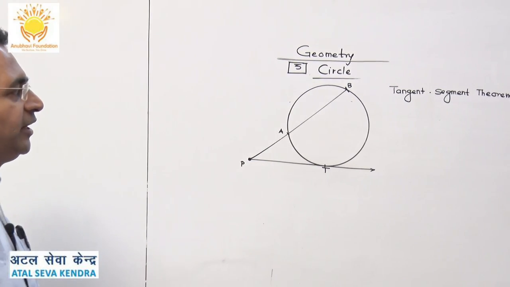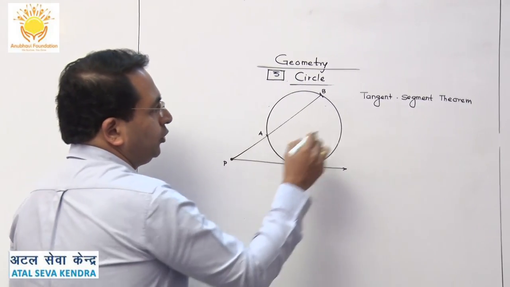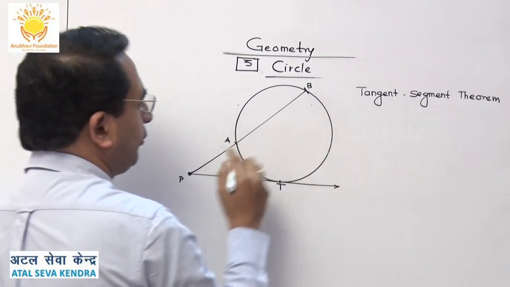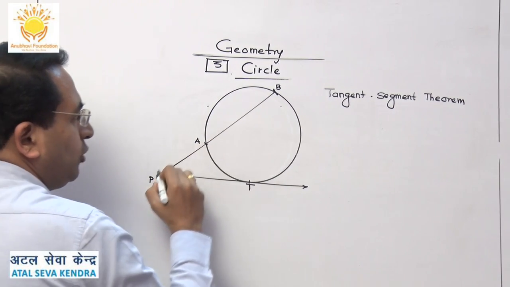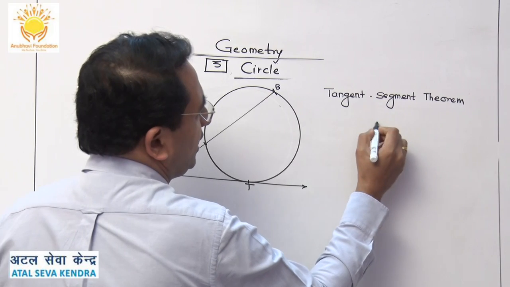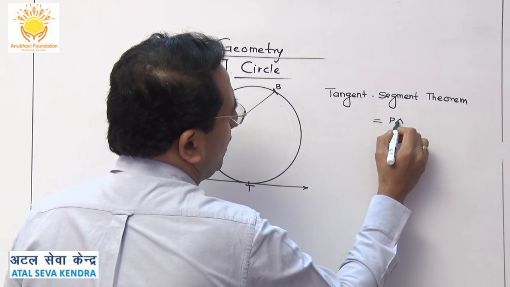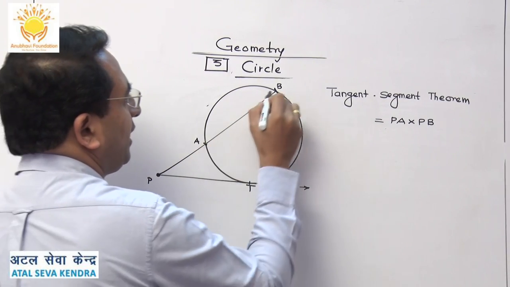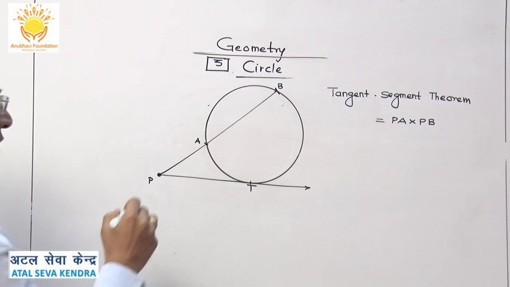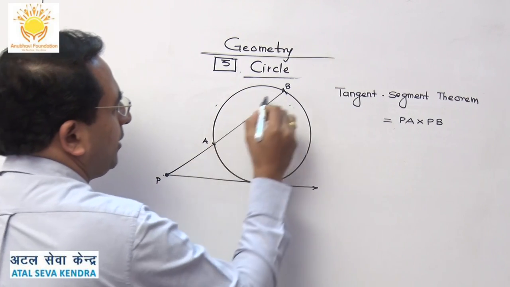Now there is a property like this. Now what I told you regarding this in the earlier proof, it is PA, come back to P and then go towards B. That's why it is PA multiplied by PB. It is never PA multiplied by AB. It is what? PA multiplied by PB.